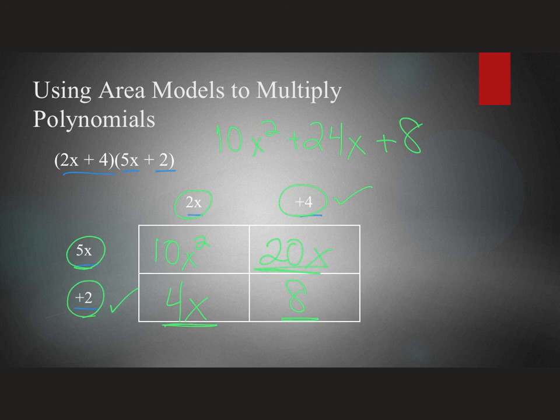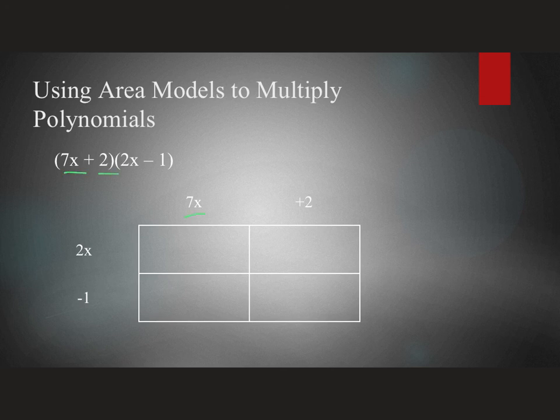Let's try another example. Here I have 7x plus 2, so 7x plus 2, and 2x minus 1. Notice I have to bring that negative down here. So once again, when I do 2x times 7x, I get 14x squared. 2x times 2 gives me 4x. 7x times negative 1 is negative 7x.